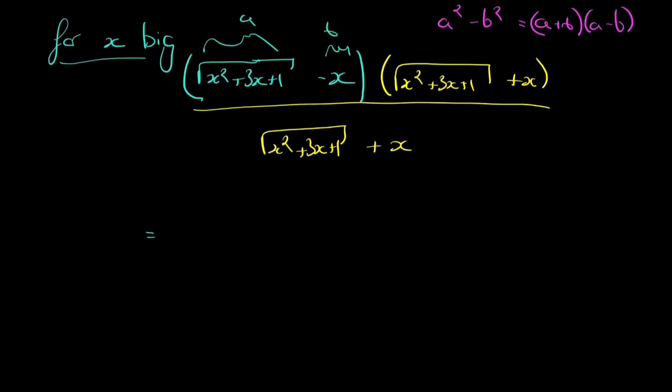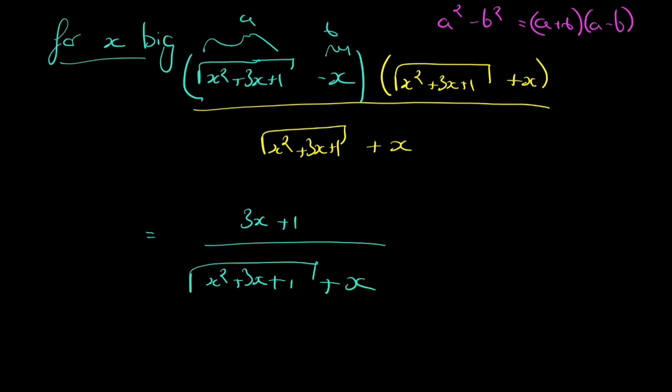This thing would be equal to a squared, which is x squared plus 3x plus 1, minus b squared, minus x squared. I can simplify this in obviously 3x plus 1 divided still by square root of x squared plus 3x plus 1 plus x.